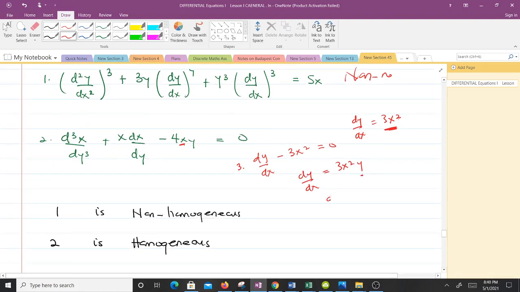So this one can be written dy/dx minus 3x squared y equals 0, and that is homogeneous. If you still don't really get homogeneous and the rest, try to solve more questions from different sources and you will understand. It's very simple. That's the simplest you can have.